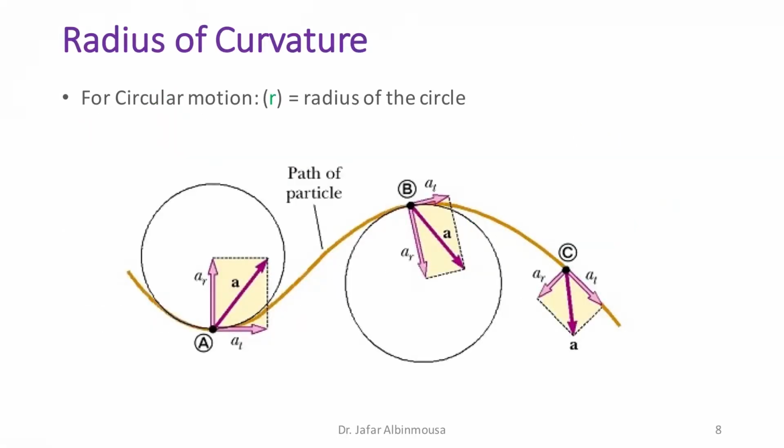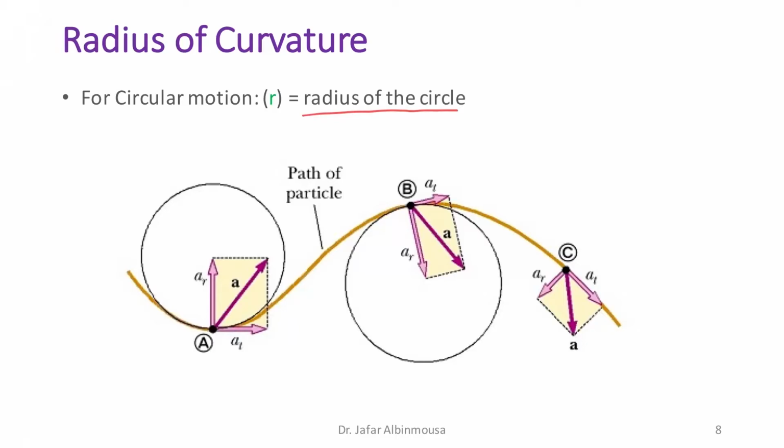Now, if we have a circular motion as shown over here, this is a circle, and this is another one, so the motion is circular, then the radius of curvature is actually the radius of the circle.